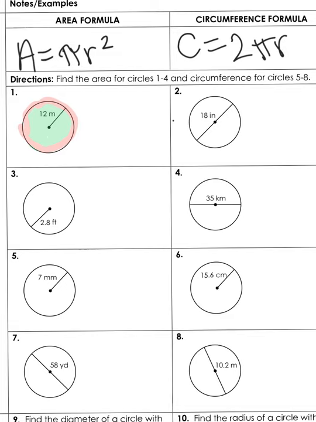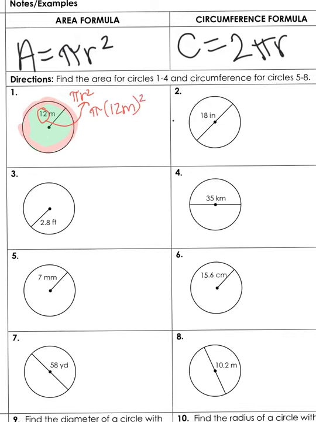So for number 1, I know that area is equal to pi r squared. The radius on number 1 is 12. That will be plugged in for r. And so I end up with pi times 12, but it's not really just 12, it's 12 meters squared.